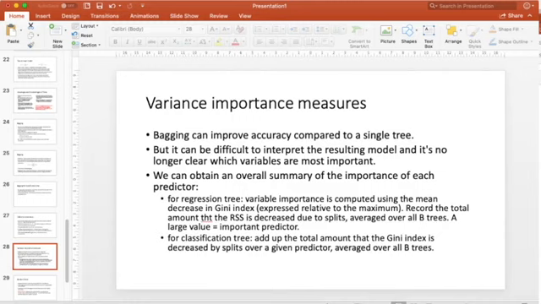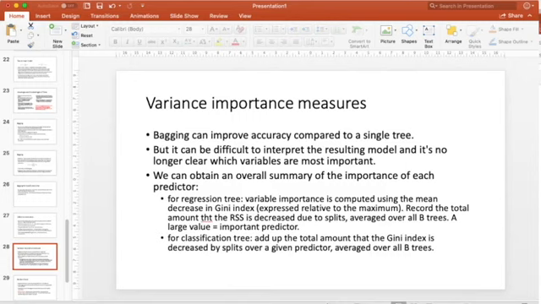However, we can obtain an overall summary of the importance of each predictor, and this differs depending on whether you have a numerical response or a categorical response. In the case of a numerical response, for a regression tree, variable importance is computed using the mean decrease in the Gini index, expressed relative to the maximum.